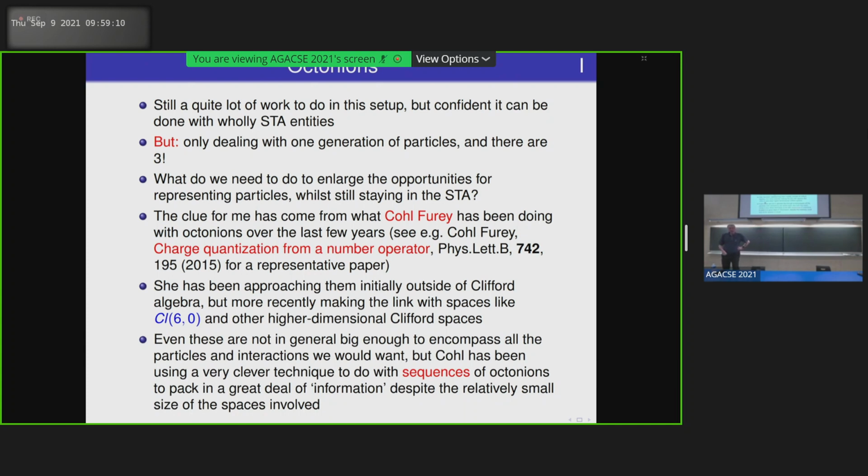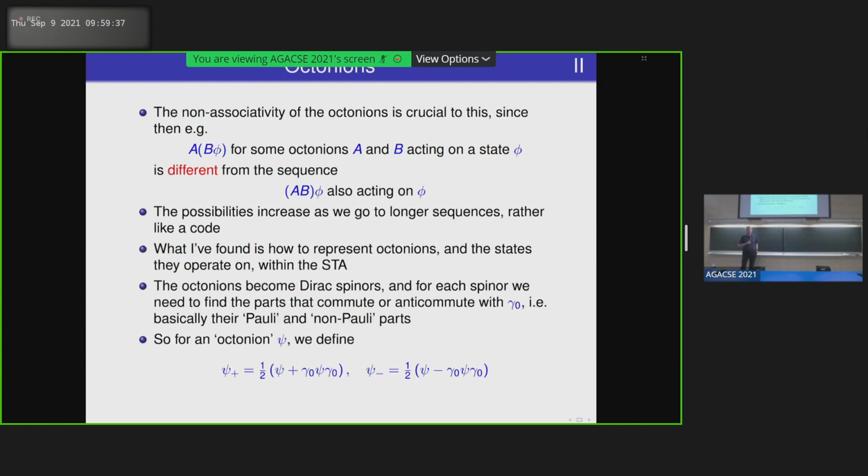She was approaching octonions initially outside of Clifford algebra, but more recently has been making the link with spaces like Cl(6,0) and what you heard about the other day. Now, in fact, even these are in general not big enough to encompass all the particles and interactions we want, but Cohl has been using a very clever technique of sequences of octonions to pack in a great deal of information, despite the relatively small size of the spaces involved.